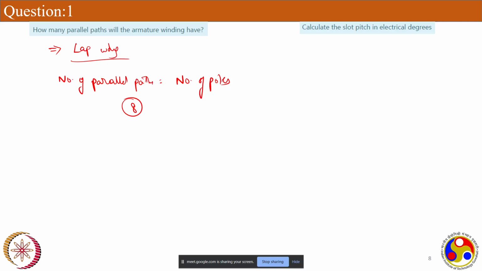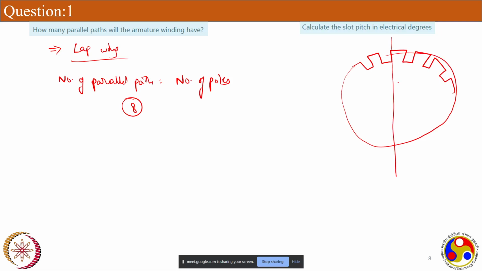That's not a problem. Now let's say slot pitch is nothing but, see, this is our slot pitch, right? I will talk about what slot pitch is. Let's say it is the entire rotor. It is 360 degrees. The question asked is the pitch of each slot.